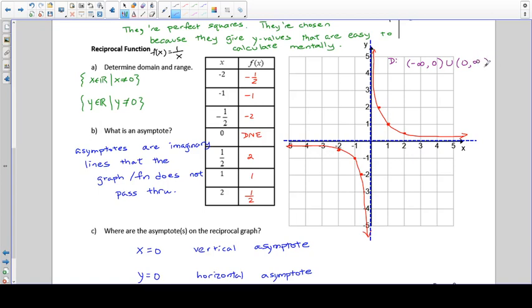So 0, comma, positive infinity. And we're going to do exactly the same thing for range. We can be as negative as we want. We just cannot be 0 over here. And then we start again. We start moving up to the top. So 0, infinity, just like that. Okay, so these are my domain and range in set notation. These are my domain and range in interval notation.